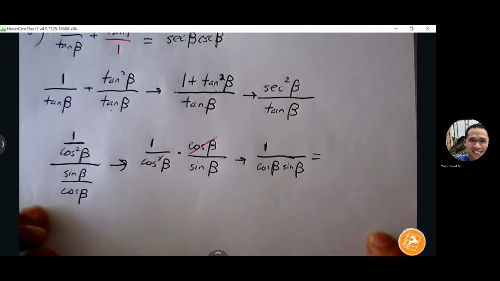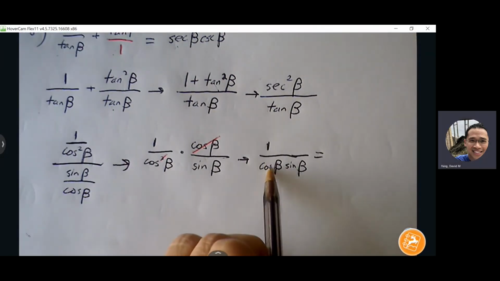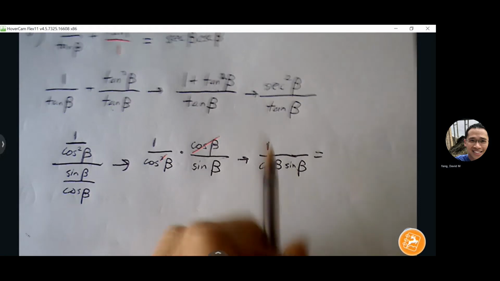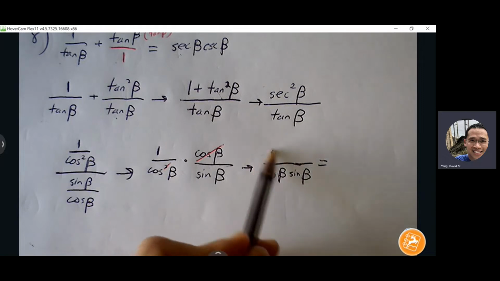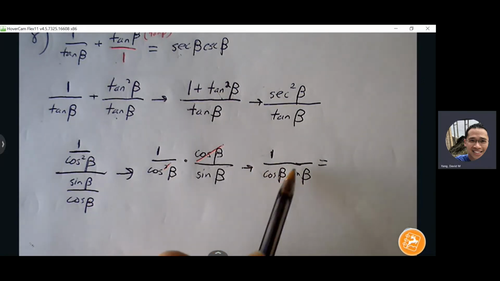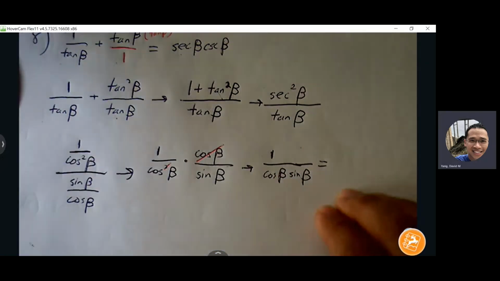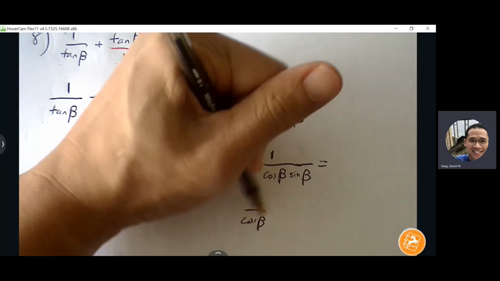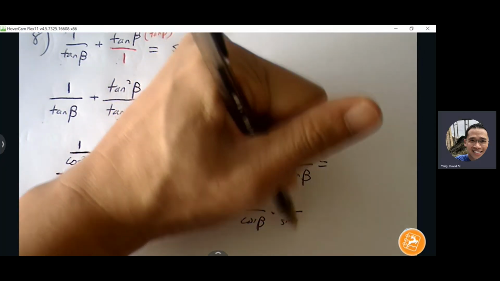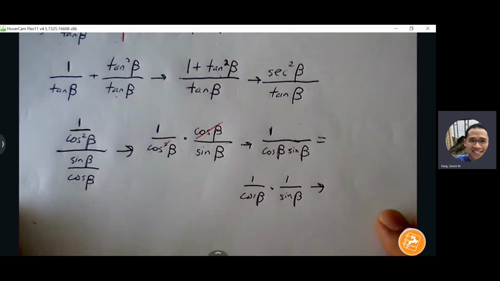Okay, so if I want to bring the cosine to the top, right? I'm getting close. 1 over cosine is the same thing as secant, and 1 over sine is the same thing as cosecant, right? So if you want to write it this way, 1 over cosine of B times 1 over sine of B, maybe that's a little bit cleaner for you to see.